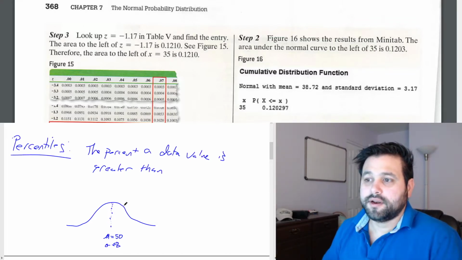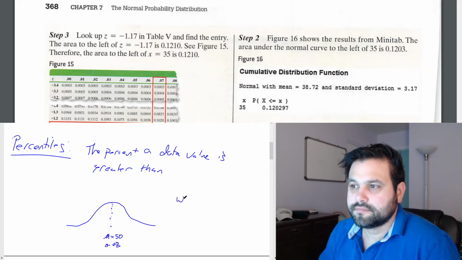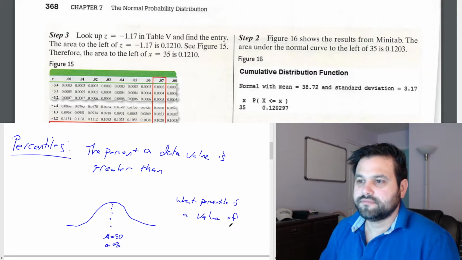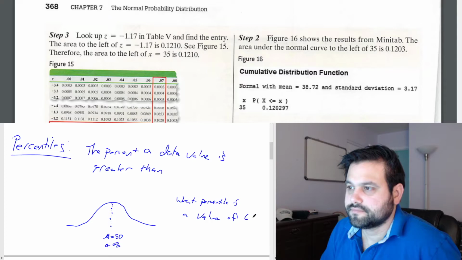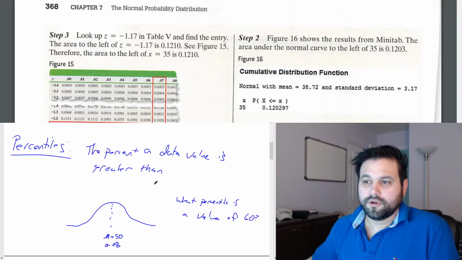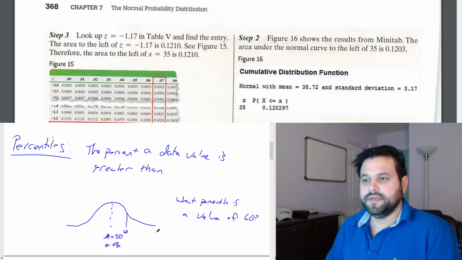And I want to know what percentile is a value of, let's say, 60. Well, essentially what I'm doing is I'm finding approximately where 60 would be, okay?